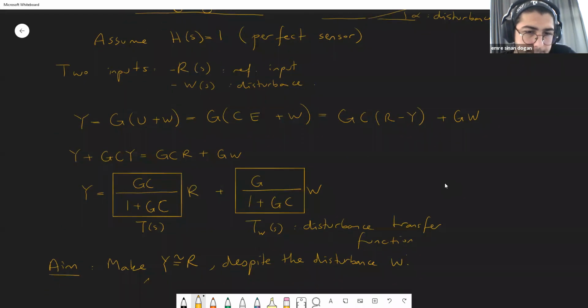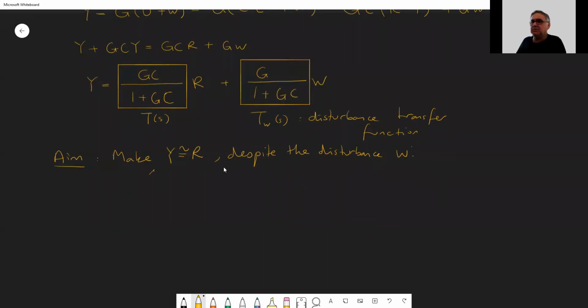So make y equals r despite the disturbance. Actually, we can say that making y equals r can be quantified as follows: minimize the difference between y and r, which is the error, r of s minus y of s, as much as possible.